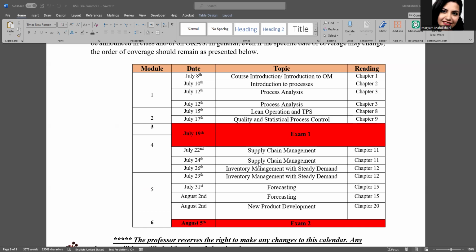We would start from chapter 1, chapter 2, chapter 3, chapter 8, and chapter 9 for exam 1. The only chapters that might have some formulas and equations are chapter 3 and chapter 9, I believe.